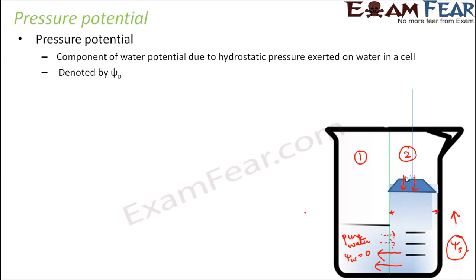It is denoted by psi p, where the subscript p is for pressure. It can be positive or negative. For example, in the example which I mentioned, the pressure potential is positive. But in many situations, for example in plants, in certain cases the pressure potential can also be negative. Now a new term gets introduced here: osmotic pressure.